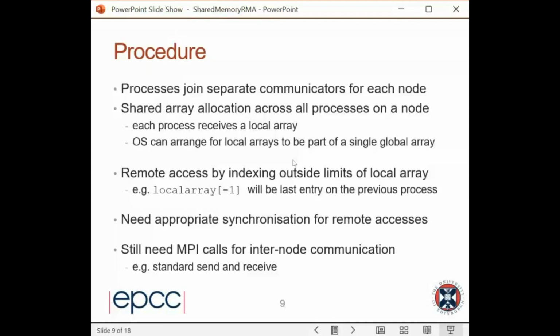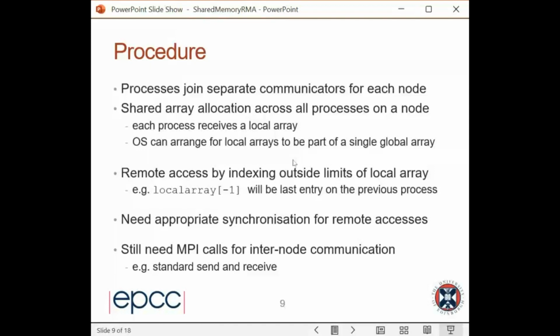And then if you want to read someone else's data, you basically just over-index or under-index your current array. We need appropriate synchronization, because if you're directly reading and writing, you need to think, well, I want to write to this array, but is everybody ready for it to be written to? Or if you want to read data, is everyone ready to have the data read? That wouldn't happen with send or receive.